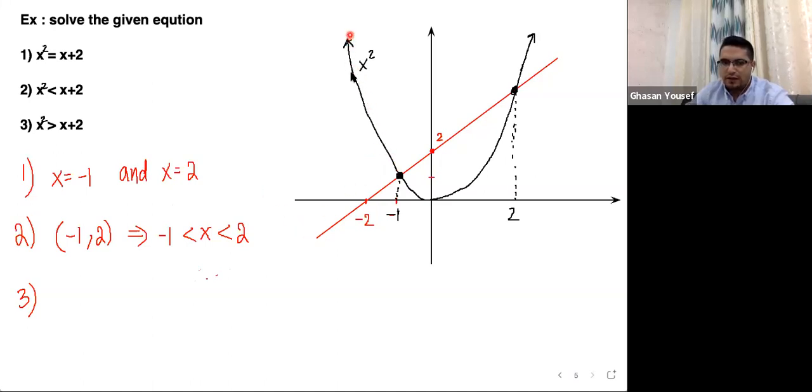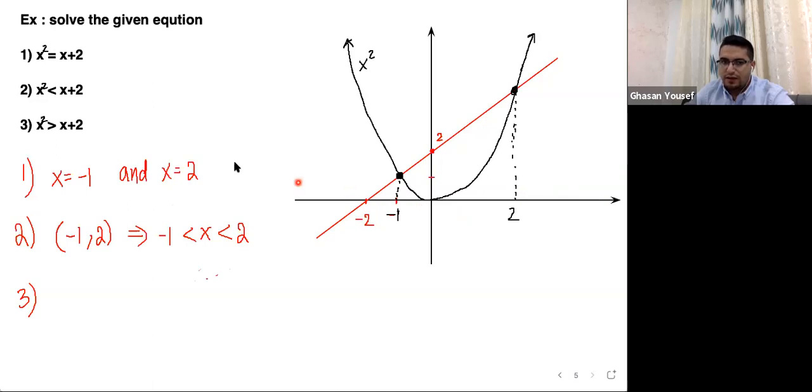The black one, the parabola, will be above the red one before -1, all values here will be a solution, and also all the values above 2, after the 2, will be a solution. Why? Because the parabola will be above the red one. Like Rashid said, x less than -1, this is correct, and all values x greater than 2, this is correct.